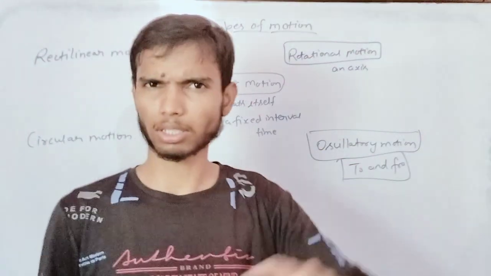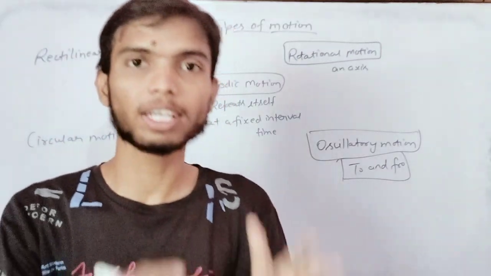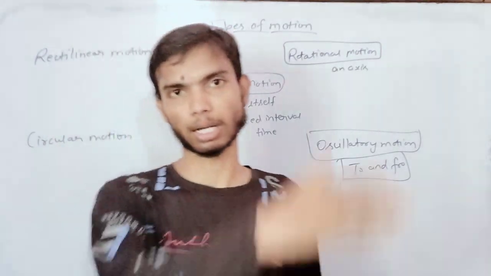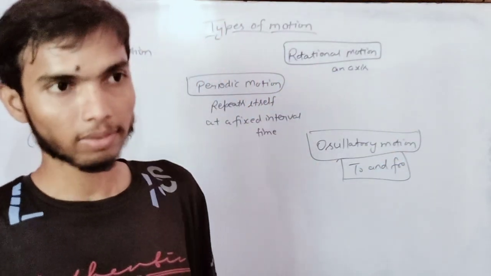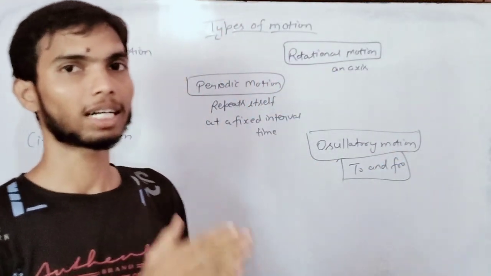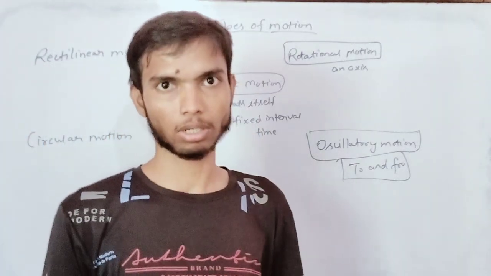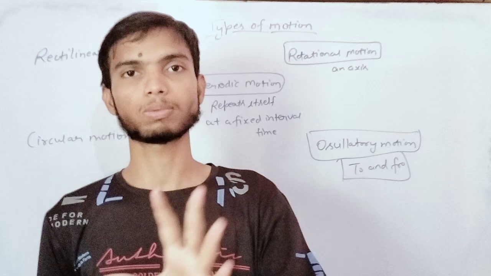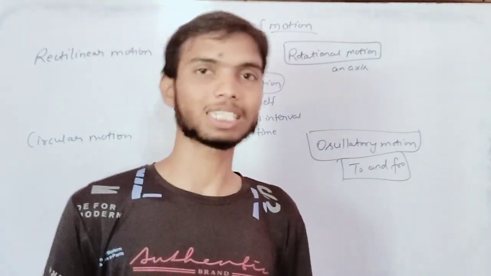Will it move in a circle? No. It is telling you that the object is moving in a straight line, in a straight direction. If an object is moving in a straight direction, we can say that the motion is rectilinear motion.